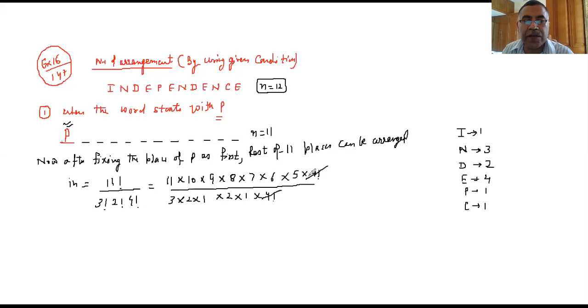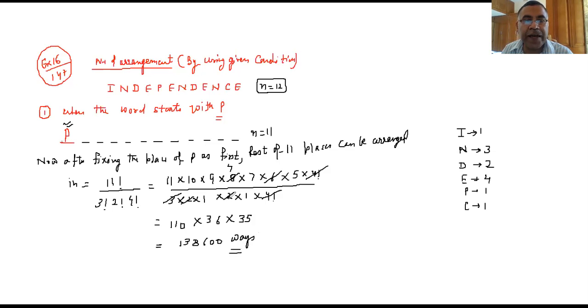Now 4 factorial goes with this. 3 into 2, 6, 6 goes with this. 2 into 4, 8. So this is 11 into 10, this is 110. 9 into 4, this is 36. 7 into 5, this is 35. So when you multiply all, this will be 138600.